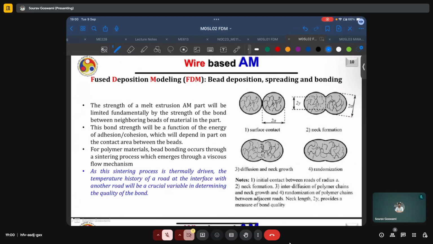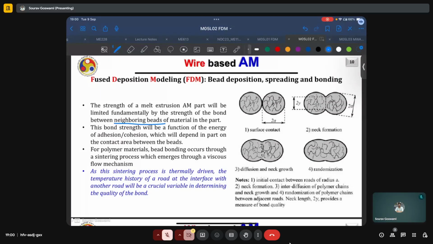The strength of melt extrusion will be limited fundamentally by the strength of the bond between neighboring beads, as you just saw. And this bond strength in turn will be a function of the energy of adhesion if the two beads are of dissimilar materials, or cohesion if the two beads are of the same material, which will depend in part on the contact area between the beads.